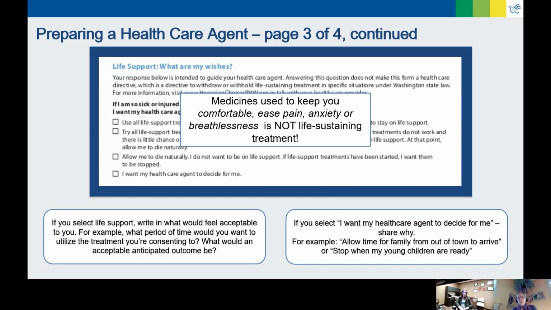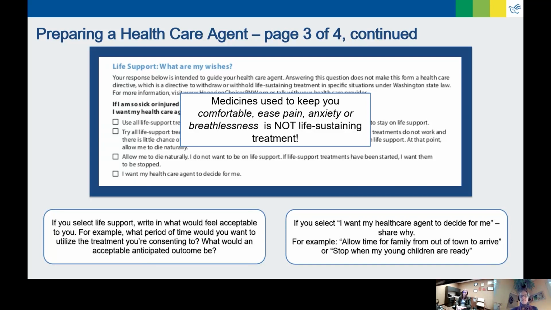So one thing we want to make sure that people are very aware of is that medicines used to keep you comfortable, ease pain, anxiety, breathlessness are not considered life-sustaining treatment. So it's not continue to treat or do nothing. It just is a shift in the focus of care.